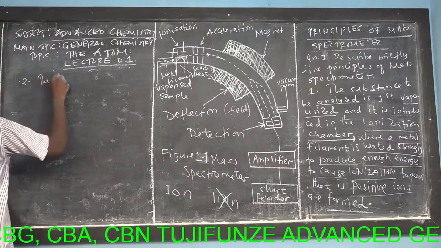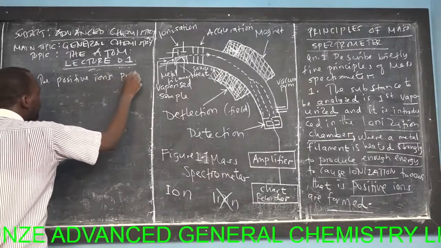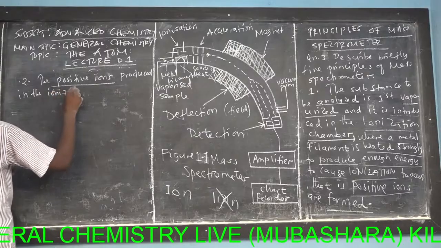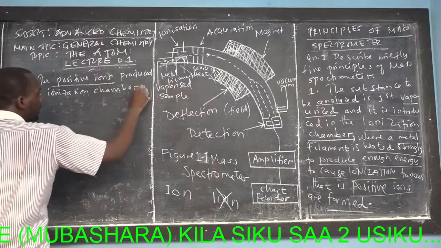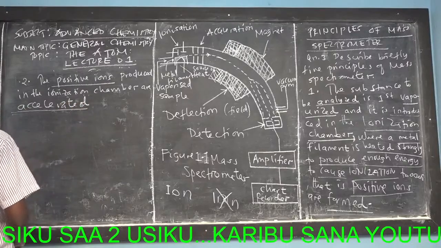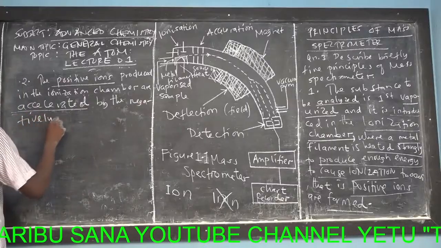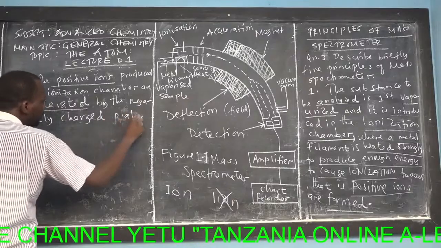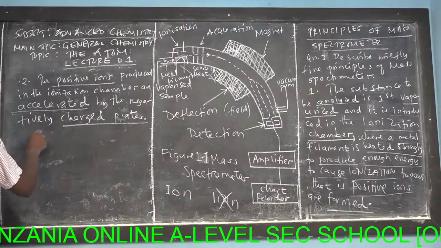The second principle is this: the positive ions produced in the ionization chamber are accelerated by the negatively charged plates.